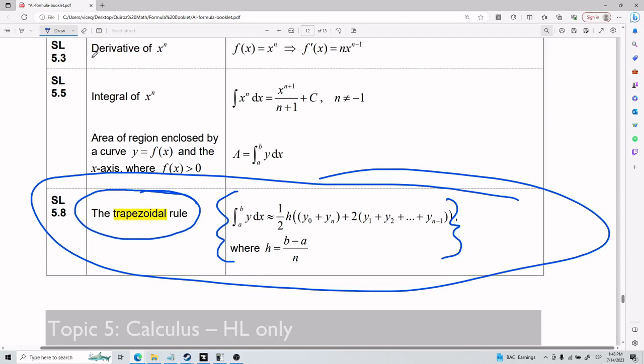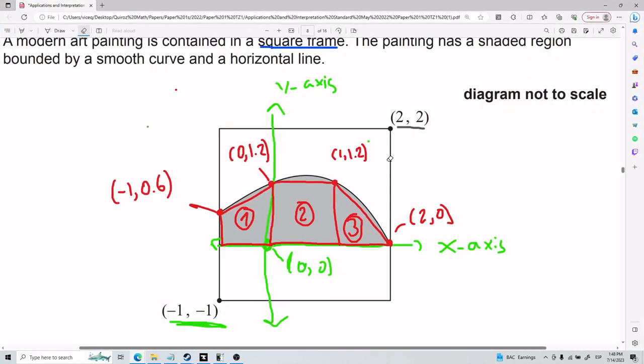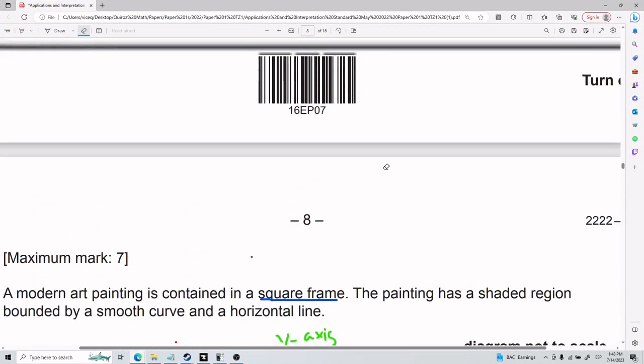Some of you probably didn't even know that the trapezoidal rule was in your formula booklet. So always use it when you study. It is an additional tool for the day of the test, and perhaps the most important one. All right, so the trapezoidal rule, what is it asking for?